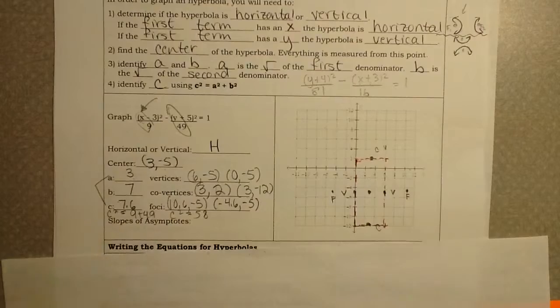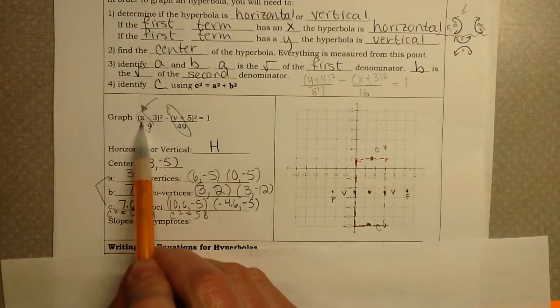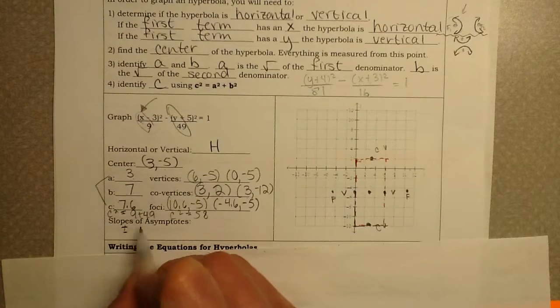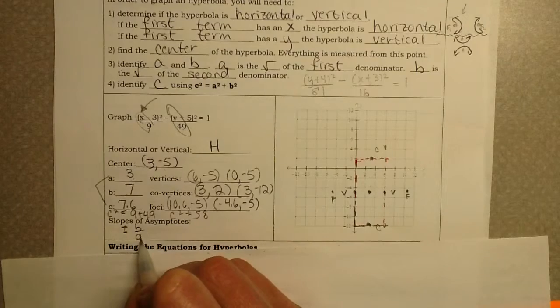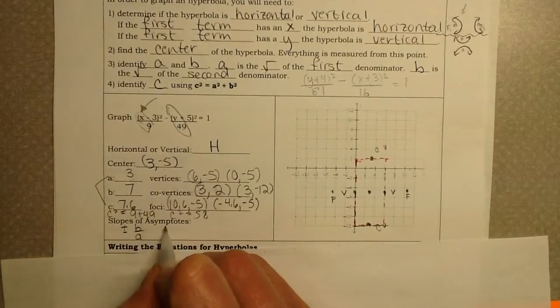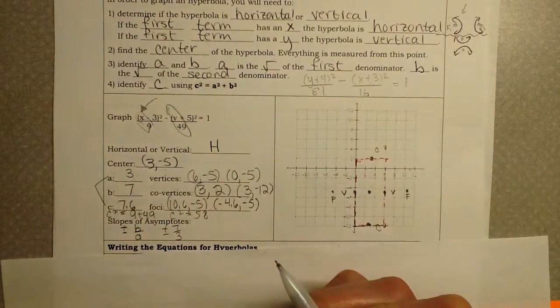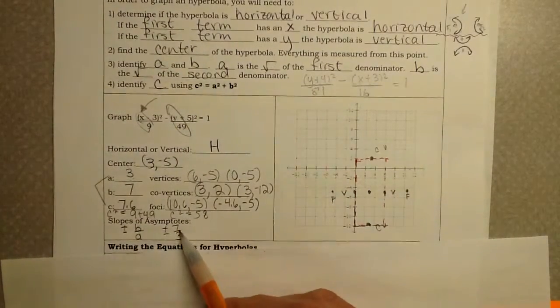All right, now you want to find the slopes of the asymptotes. If x is first, then the slopes of our asymptotes are going to be plus or minus b over a. So the slopes of our asymptotes are plus or minus 7 over 3. Now, you're going to do this from the center.